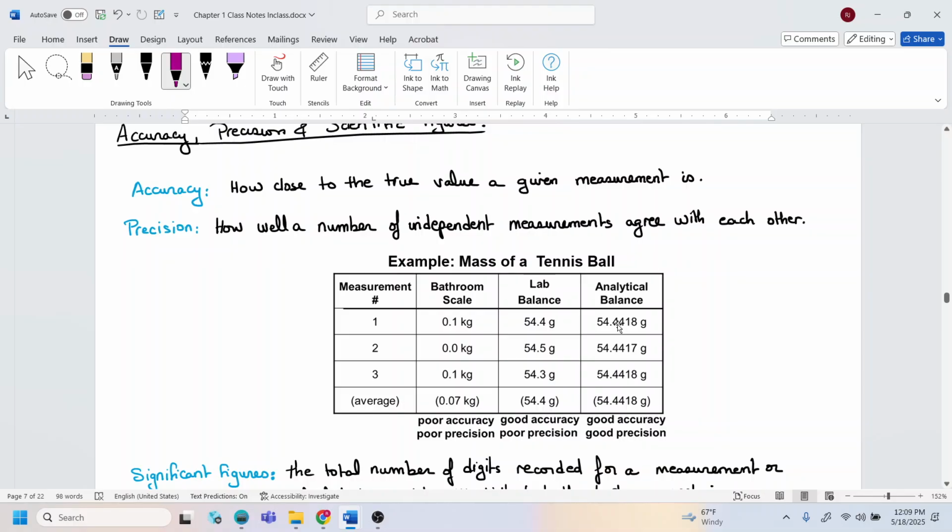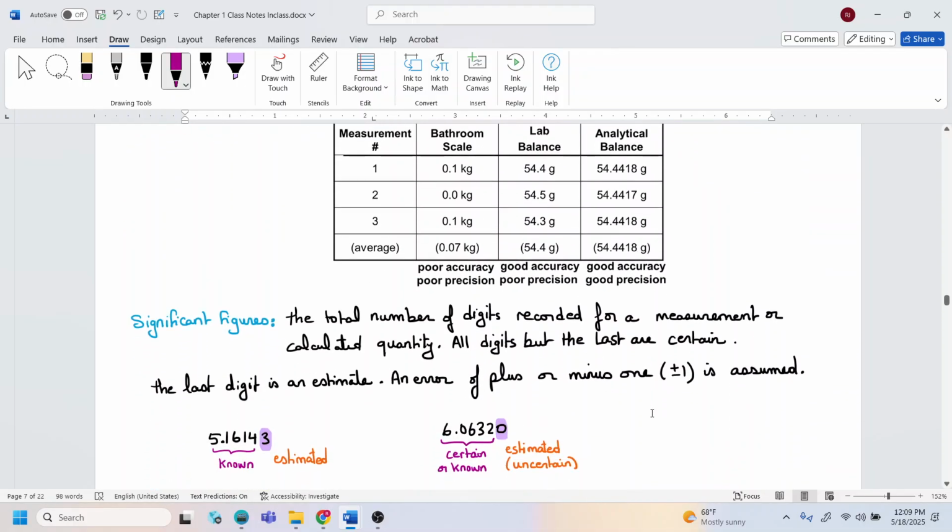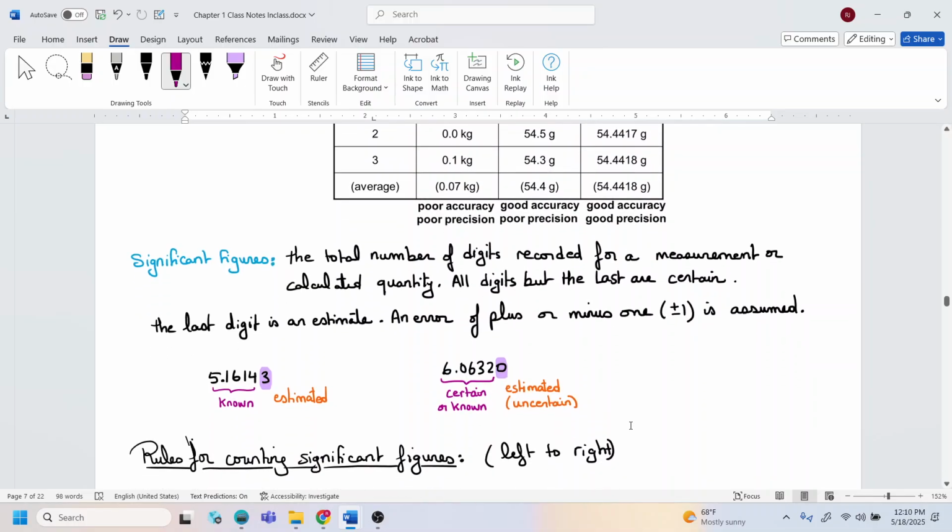And as you can see, there are three digits after the decimal point that are the same. Only the last digit, which is not certain, is not accurate, so that will make the measurements precise.